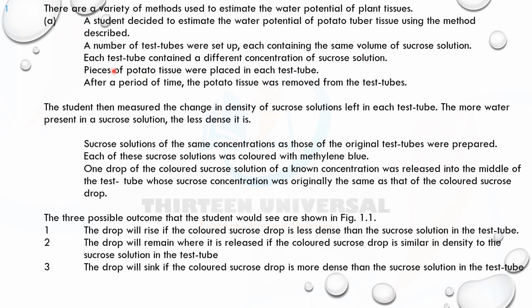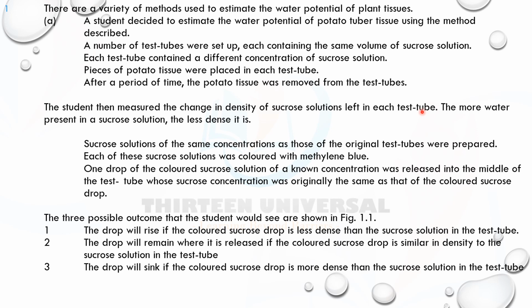All right, pieces of potato tissue were placed in each test tube. After a period of time, the potato tissue was removed from the test tubes. The student then measured the change in density of sucrose solutions left in each test tube, that is, when the pieces of potato tissue were removed.